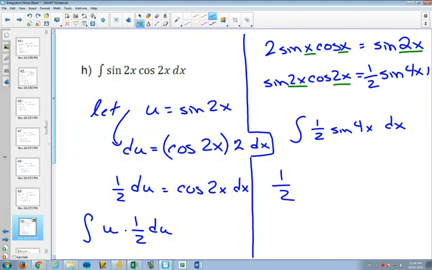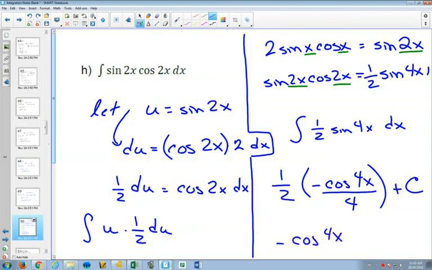The integral of sine is cos, but it would be negative cos 4x. And because there would be a chain rule, I'd have to divide by 4, plus c. Now what's fascinating is when I simplify this, I get negative cos 4x all divided by 8 plus c.